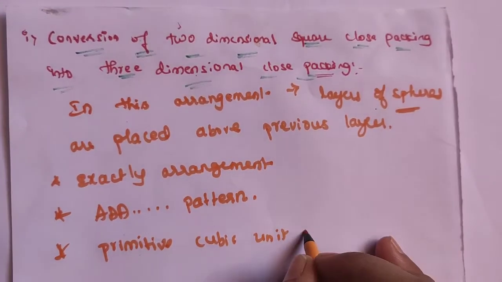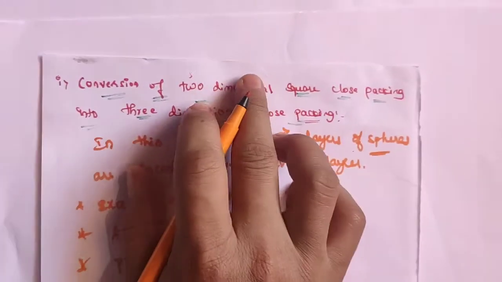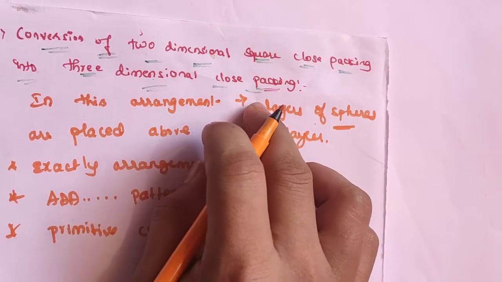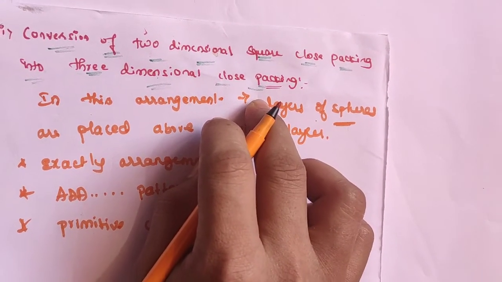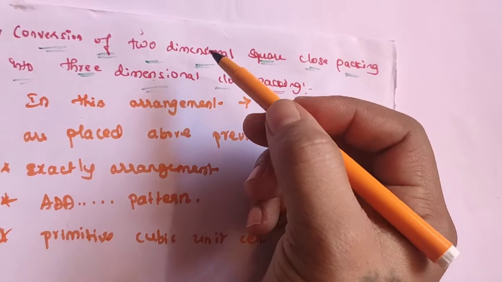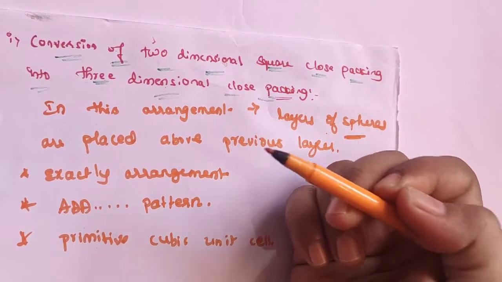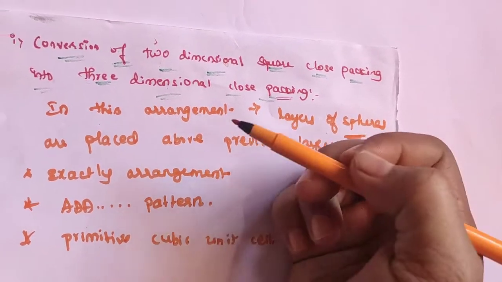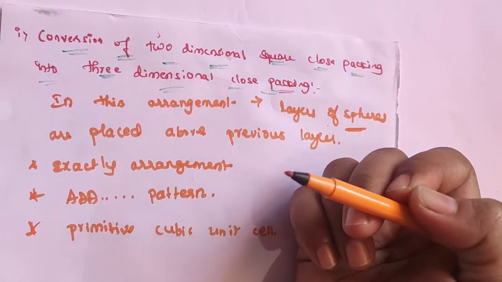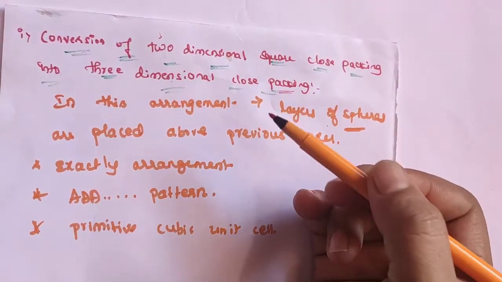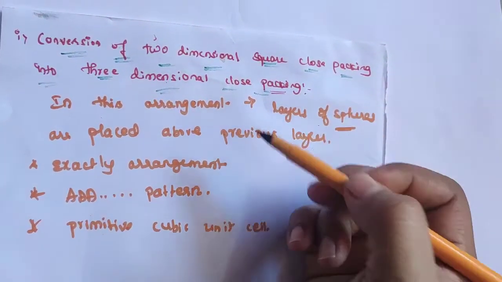Simply understand that whenever 2-dimensional close packing is converted to 3-dimensional, the 2-dimensional case is explained through diagrams, but for 3-dimensional we should imagine what is going to happen. Then the concept will be understood.